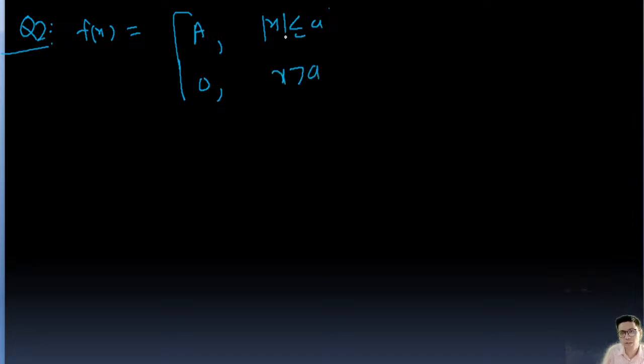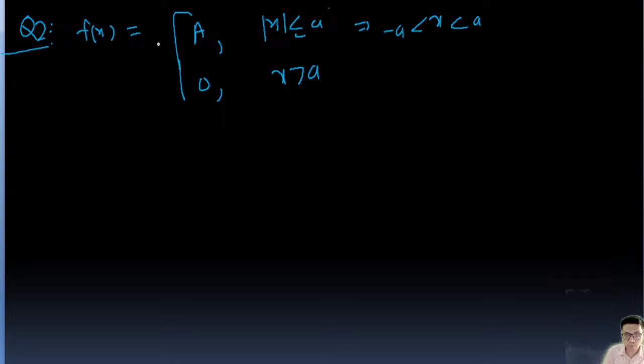So this means x is between minus a and a, because mod x is less than or equal to a. So x is between these limits.